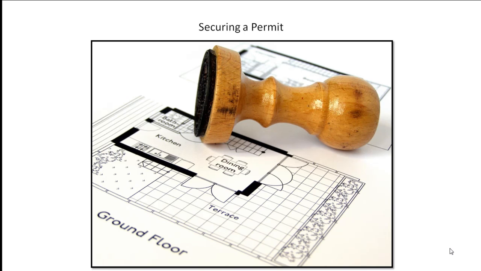To determine if a permit is required, even for off-grid systems, give your local building department a call. If a permit is required, they'll outline the procedure, indicate the cost, and provide the appropriate forms. They will also indicate all the supporting material you'll need to provide as part of your application.